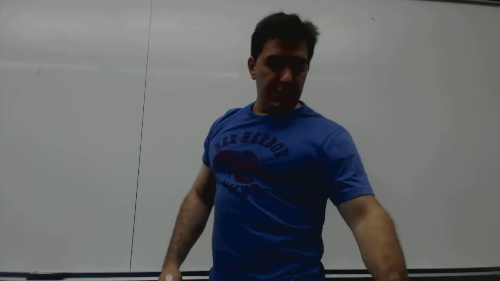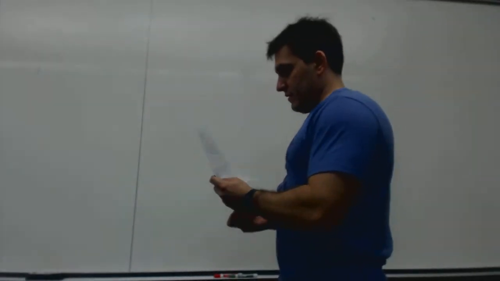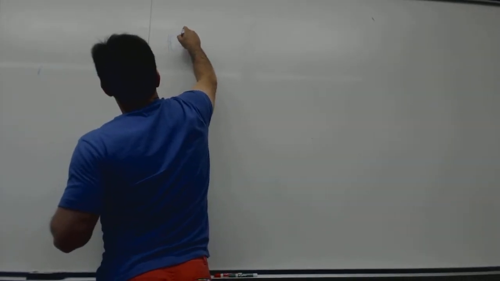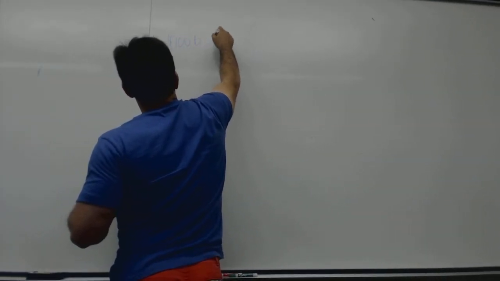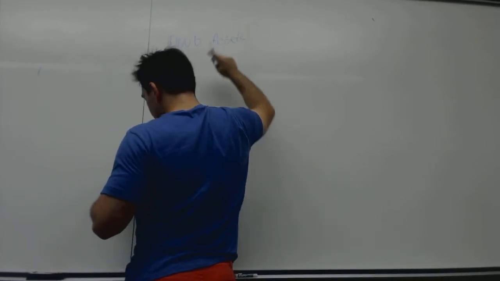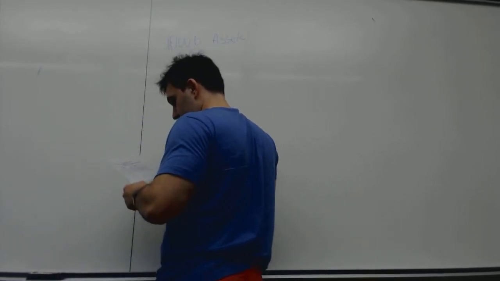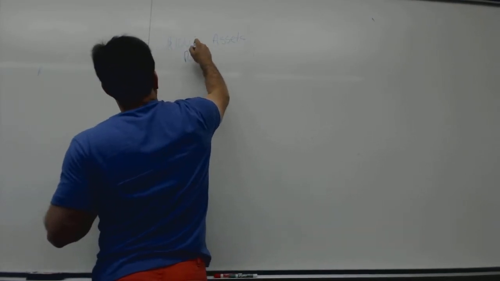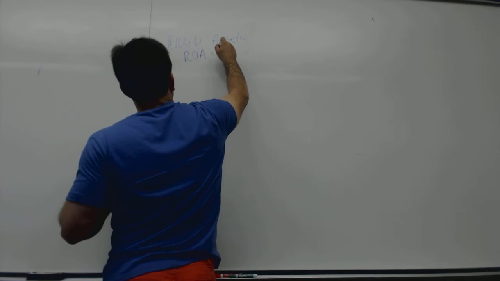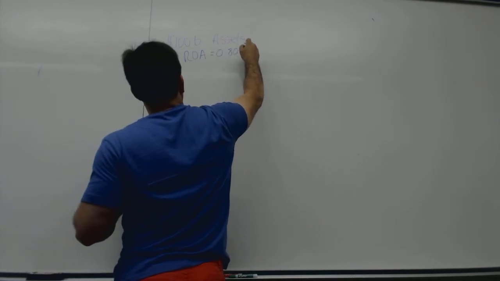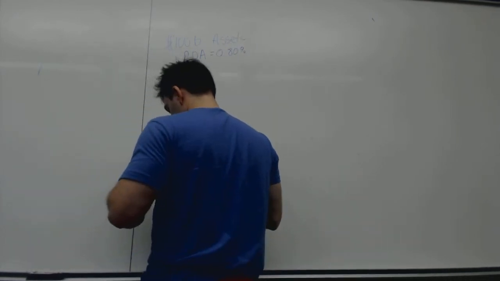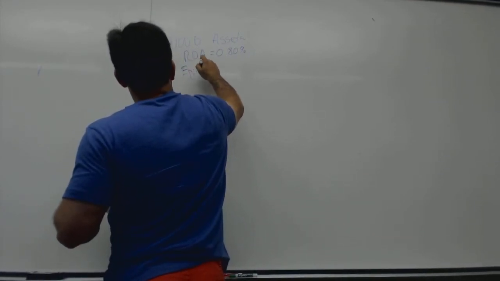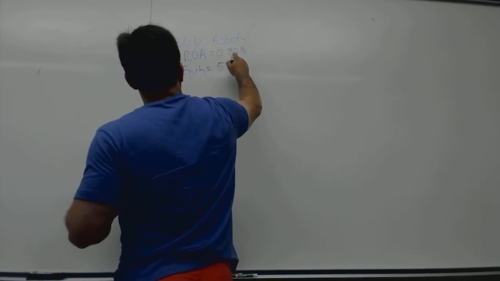Okay, the second one, we have a bank. This one is similar to one we did last time. It has 100 billion in assets, with a ROA of 0.8, and equity is equal to 5% of assets.